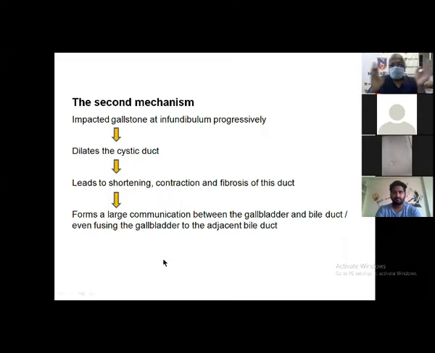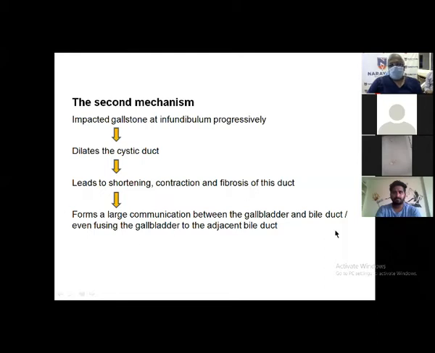As the dilatation of the cystic duct occurs, slowly there will be fibrosis and shortening of the cystic duct. What was 1 centimeter will become hardly 0.1 centimeter. So the whole thing is gloved and fibrosed over a stone, leading to shortening, contraction and fibrosis of the duct.